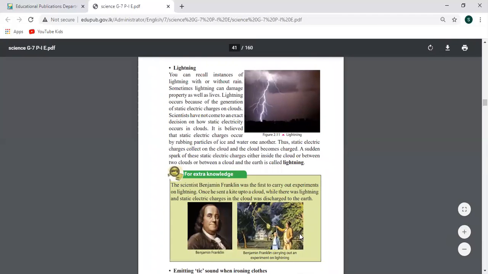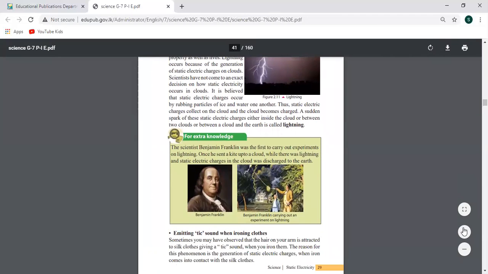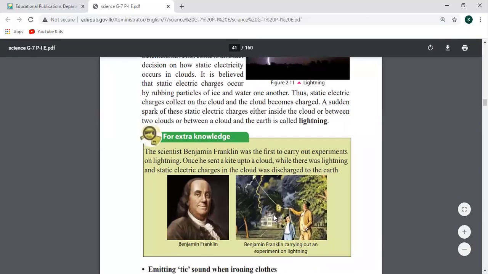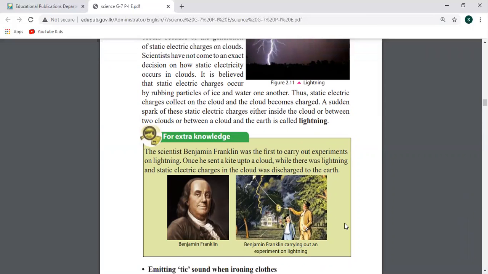So here is a picture of Benjamin Franklin, who carried out an experiment on lightning. Once he set a kite up to a cloud while there was lightning, a static electric charge in the cloud was discharged to the earth.